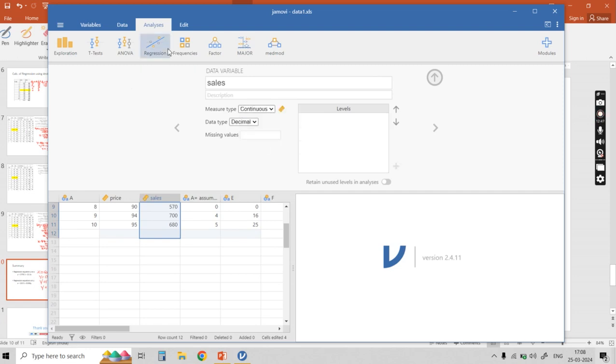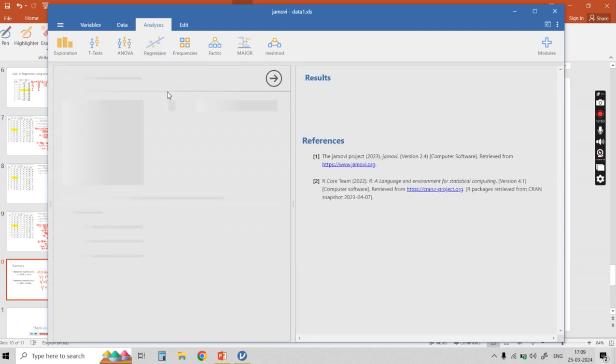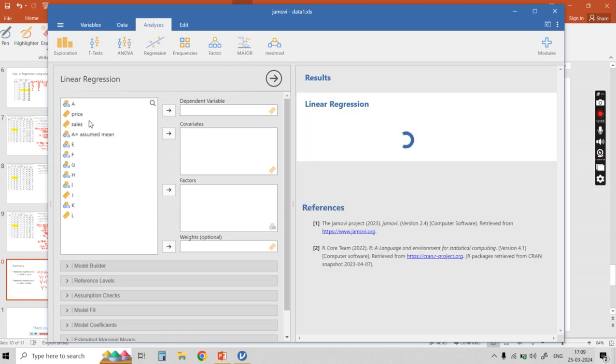Okay. So now I go to regression. I go to linear regression. I need to specify which is my independent and which is my dependent variable. So sales would be my dependent variable. Price can be my independent variable. Let's look at the output here.